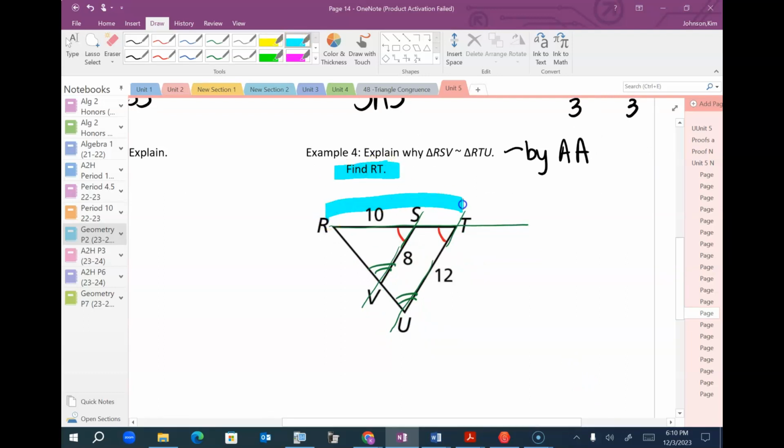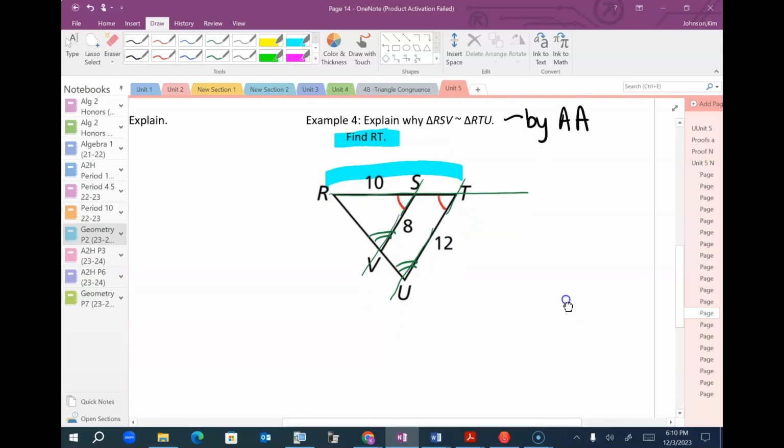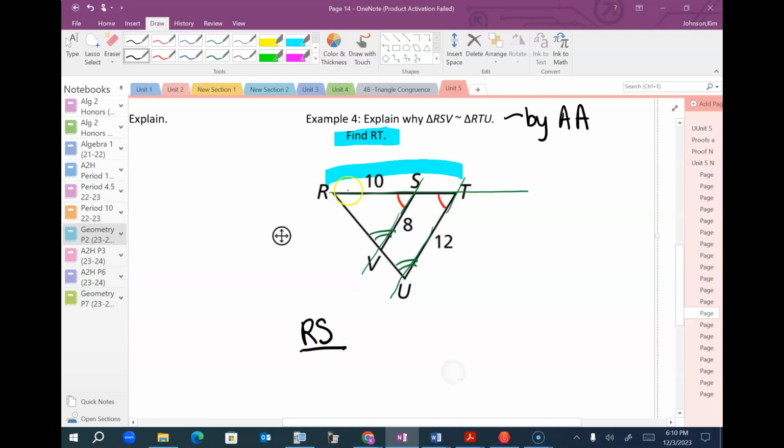So I want this whole length here, right? I'm going to look at the ratio of the small triangle. So RS is proportional to that same side on the big triangle. So RS is to RT, as VS on the small triangle, which is kind of like the base on my triangle if I turn it sideways, VS has to match up with UT.